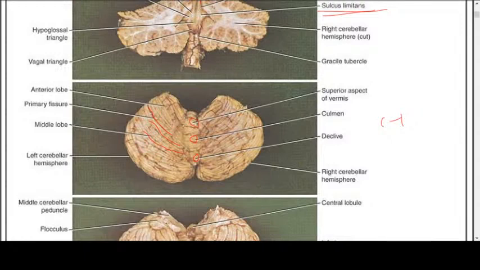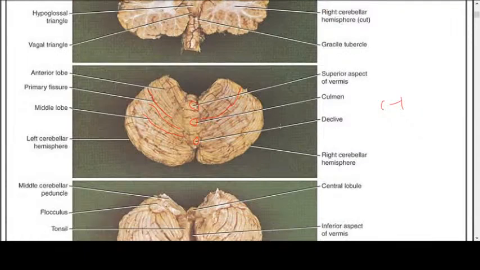We are not able to see a distinctive primary fissure, but I guess this one is a primary fissure right here in this right lobe. And this one is a primary fissure in the case of the left lobe. So this obviously would be a medial lobe, left cerebellum.